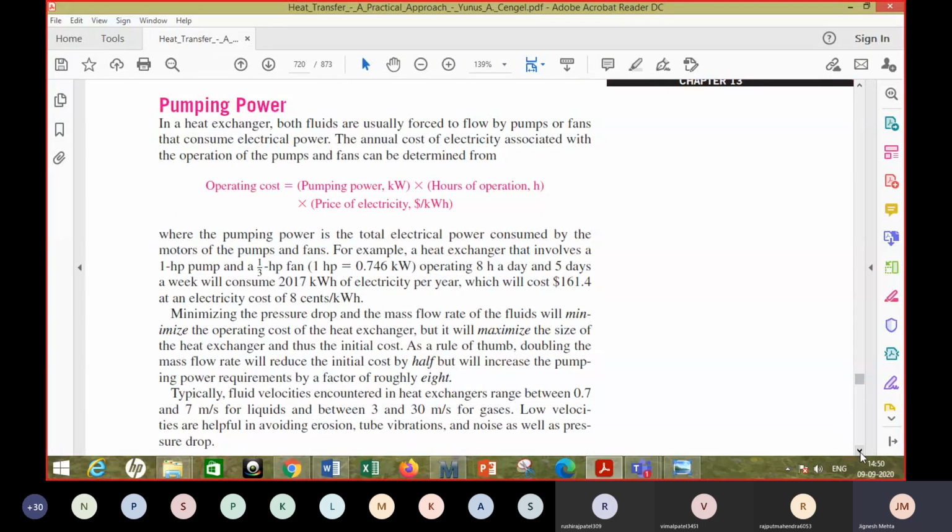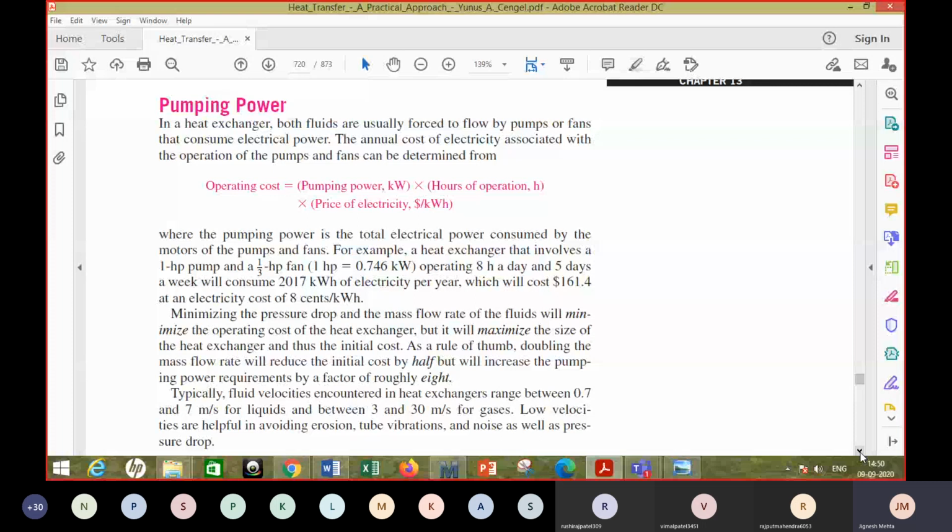So there are two things: one, the initial cost, and second, the running cost. So running cost is related with pumping power also. So if you are pumping a fluid through a heat exchanger, that pump will consume certain power, or you will have to select a pump.